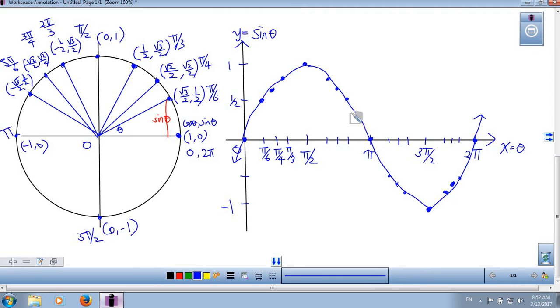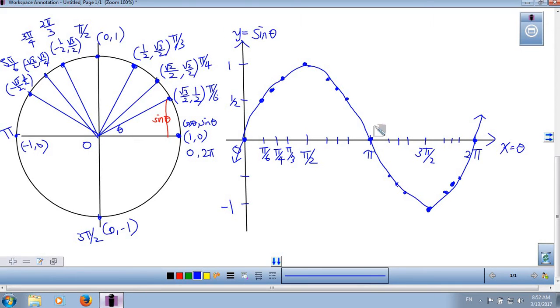As you go from pi over 2 to pi, the sine values decrease. When you get to pi, there's no y value anymore, so it's back to 0. Then the y value goes towards negative, decreasing towards -1, and at 3 pi over 2 it reaches the minimum value, and then it swings back up.